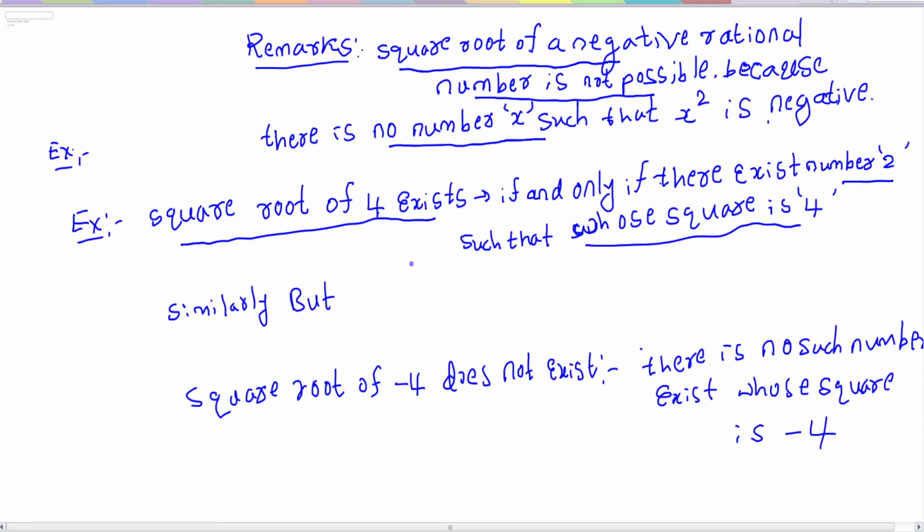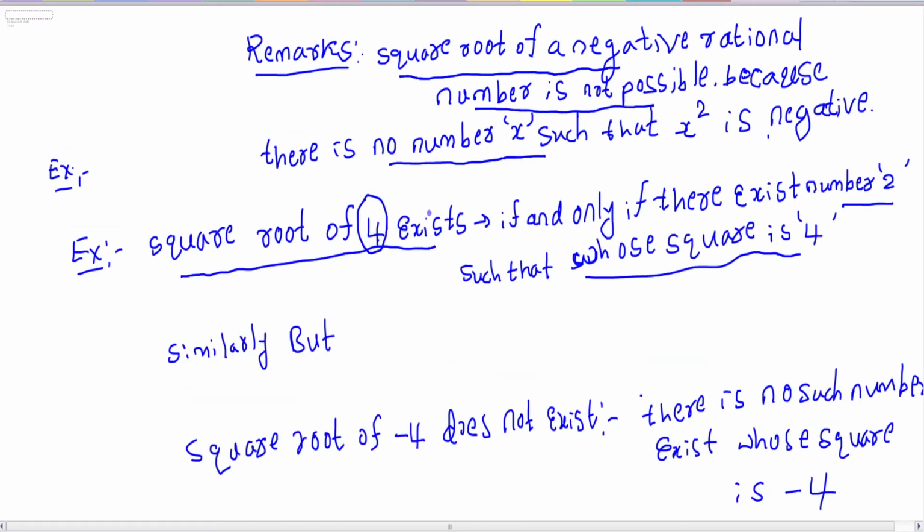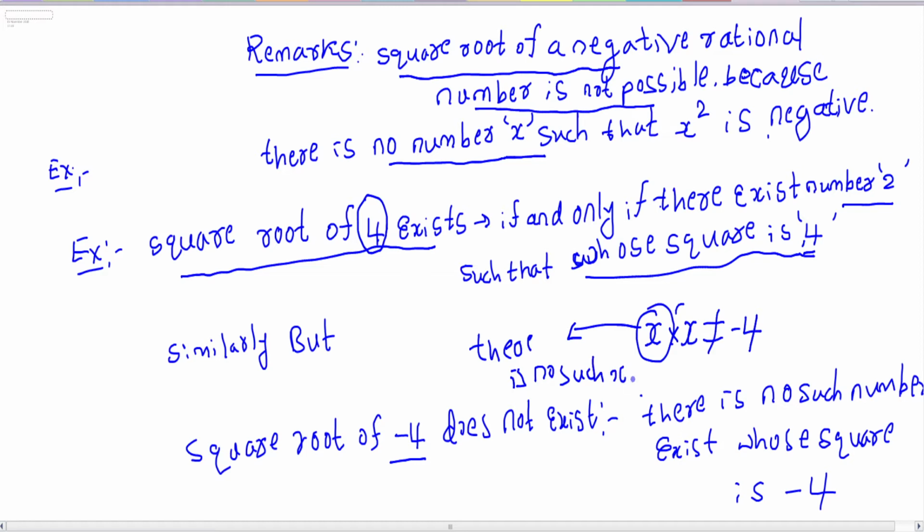There exists a number which when multiplied by itself gives 4, that is 2. But square root of minus 4 does not exist, because there is no such number which multiplied by itself gives minus 4. x into x cannot equal minus 4. There is no such x.